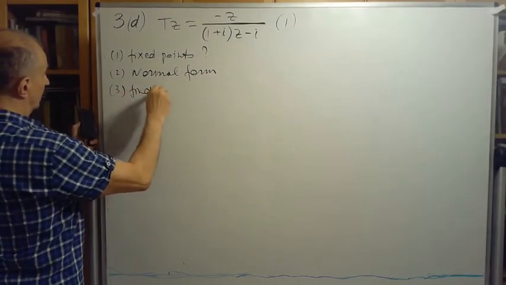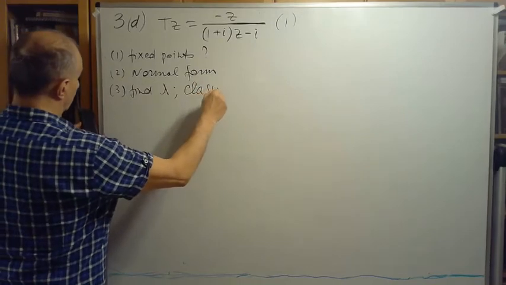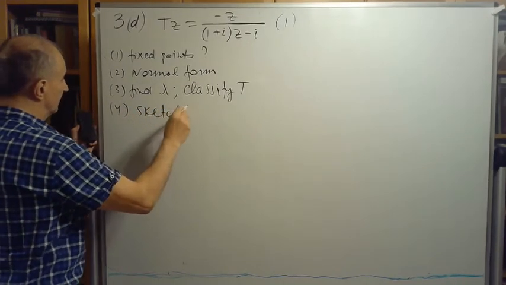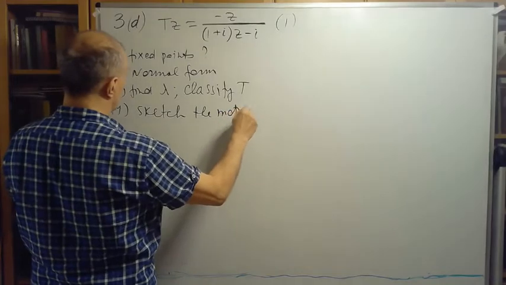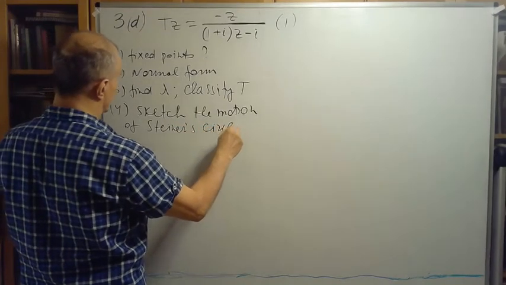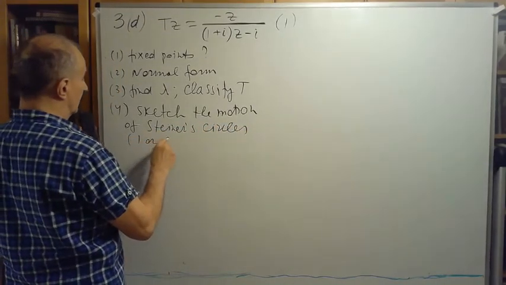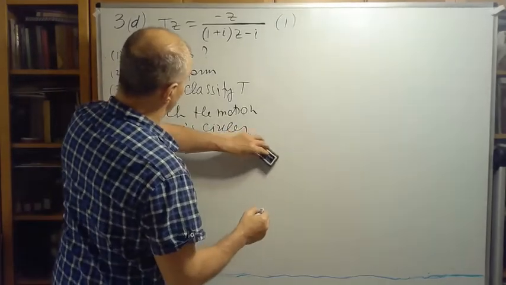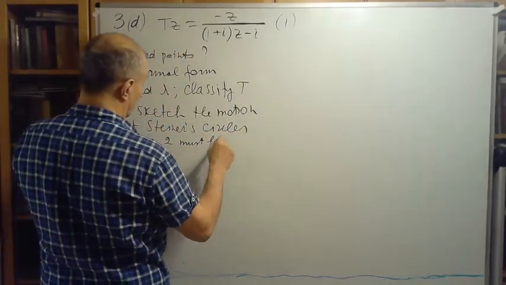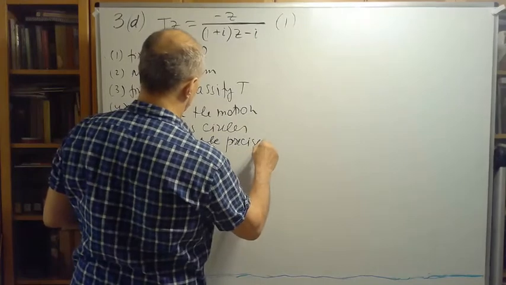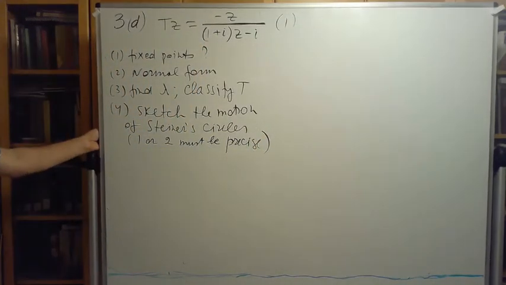Third, find lambda, classify T. Fourth, we will try to sketch the motion of Steiner's circles, and at least one or two must be for real, must be precise, to make some precise pictures. That's our program with which we will proceed.